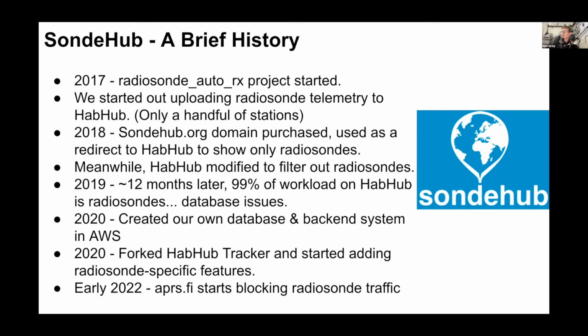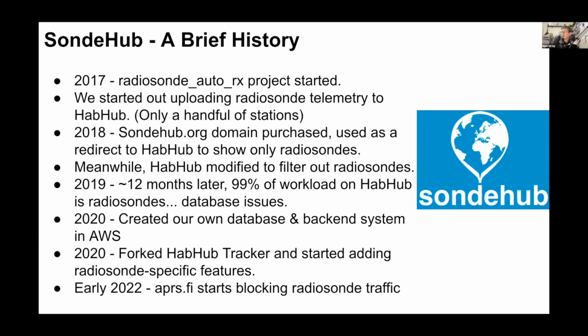About a year later, things got pretty bad. About 99% of traffic on HabHub was radiosondes. That caused some database problems and some slowdowns. We were very apologetic about that, and we switched across to using our own database and backend system, which we run in Amazon Web Services.